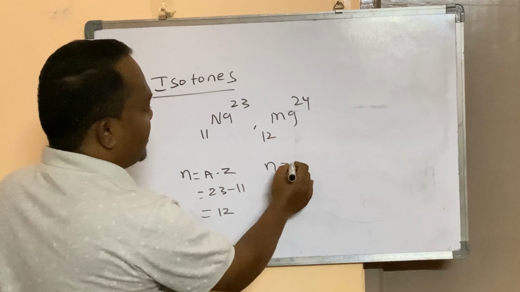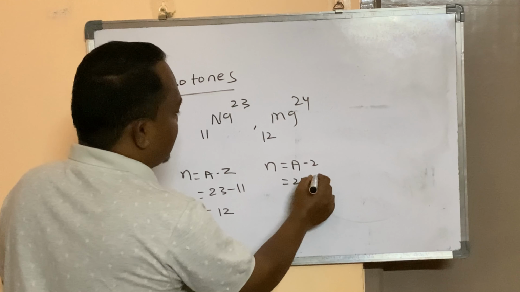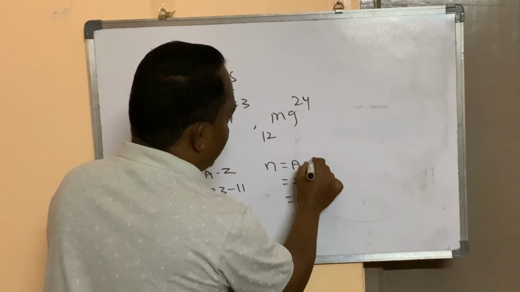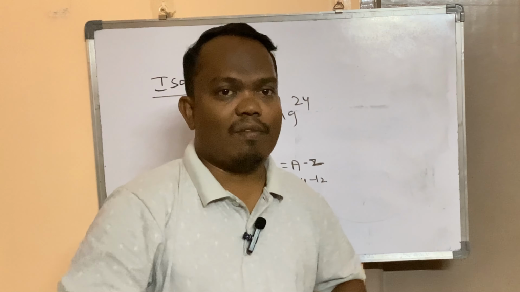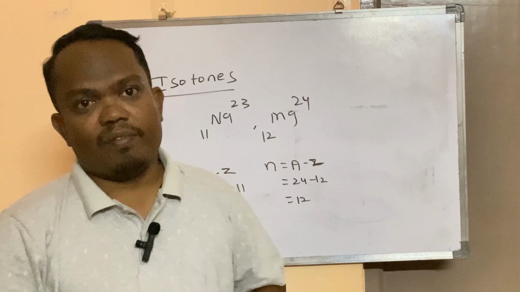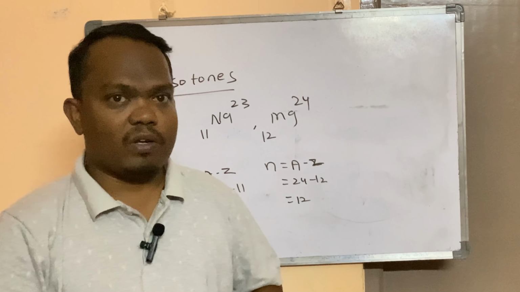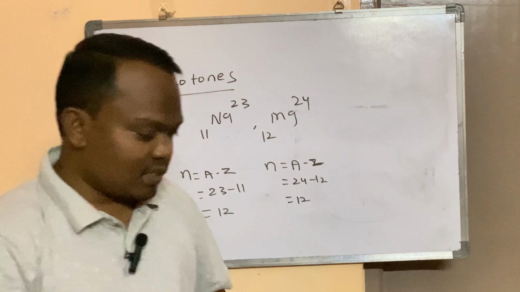For magnesium it is 24 minus 12, which also gives 12 neutrons. So isotones are different elements with different mass numbers but the same number of neutrons. I hope this concept is clear.